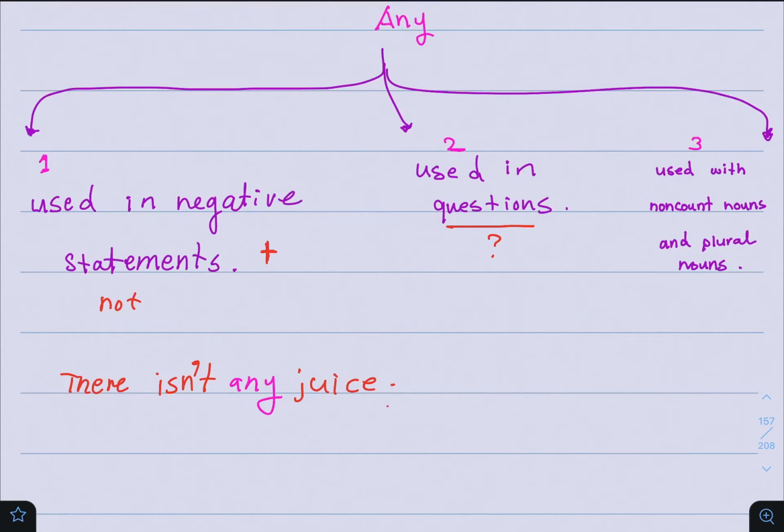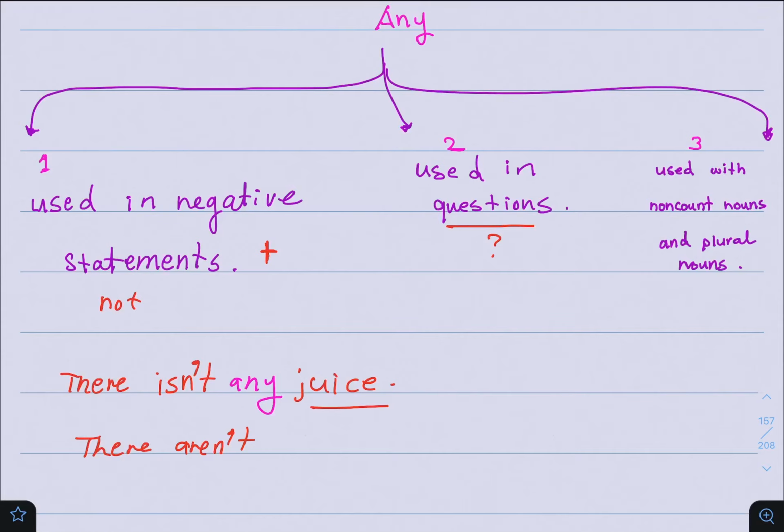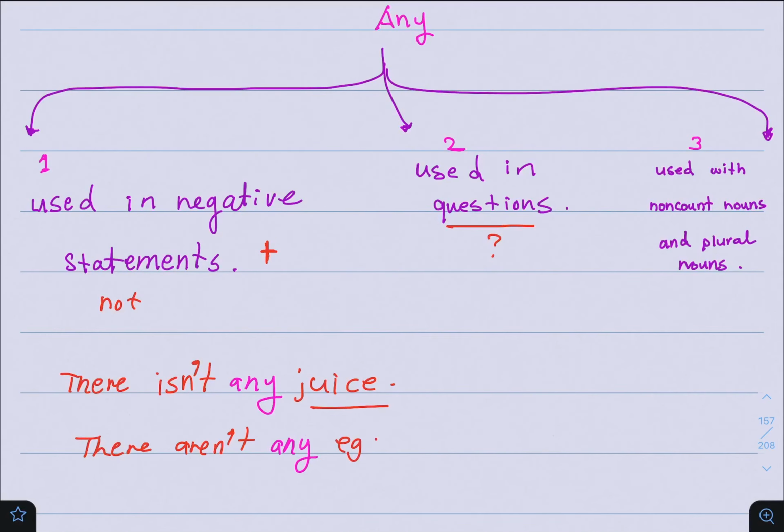All right, طبعا non-count nouns. And you can say, for example, there aren't, okay, negative, and again negative. I cannot say some, no, I have to use any. There aren't any eggs. طبعا واضح ان معناها ان لا يوجد اي بيض, لا يوجد اي عصير.